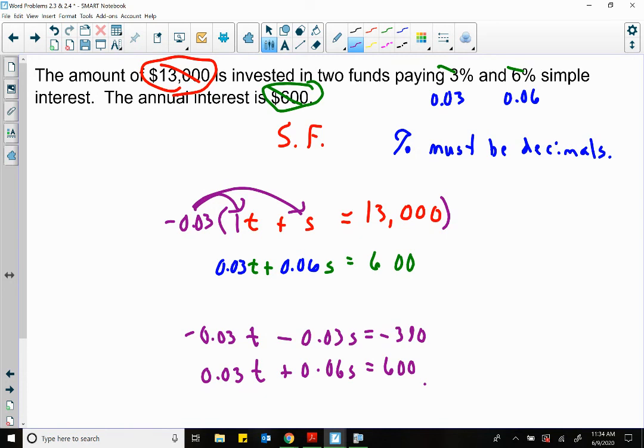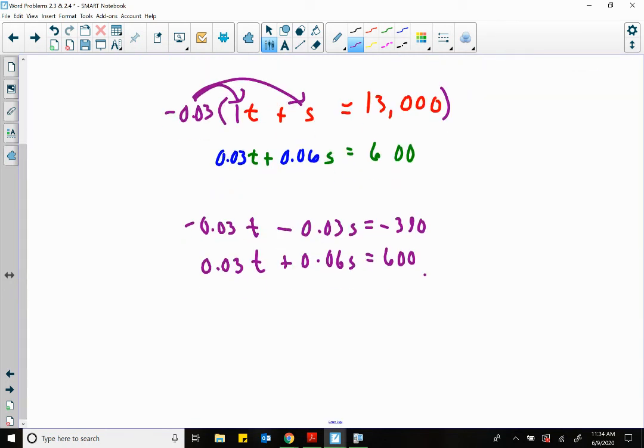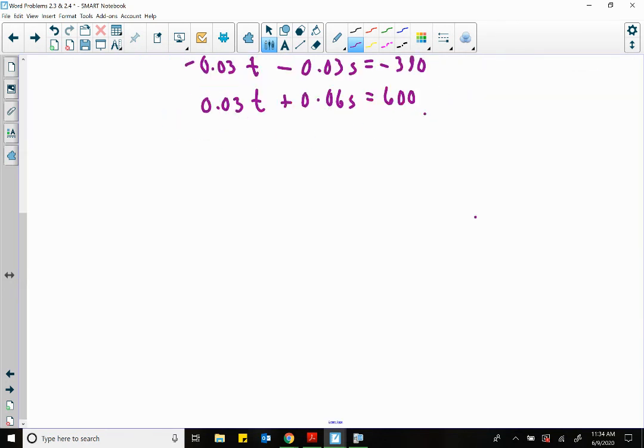Okay. So all we have to do now is just add down. So T goes away. This will give us 0.03 S equal to 210.